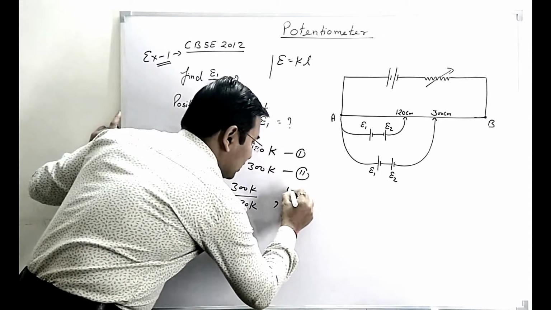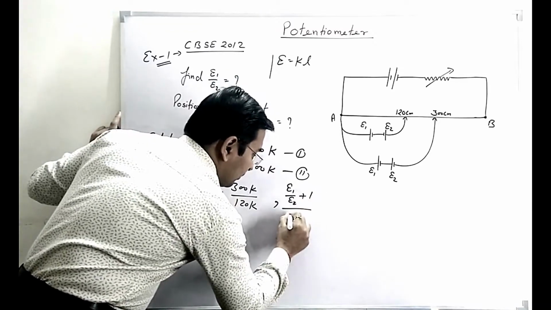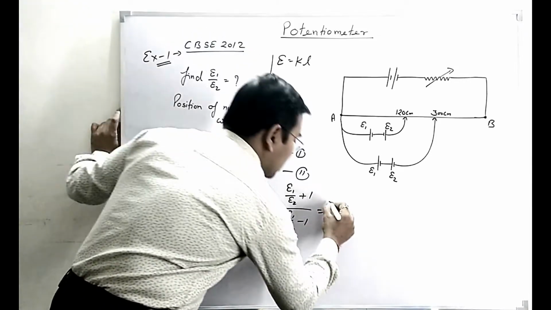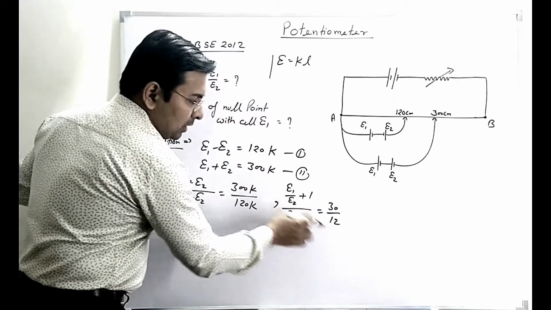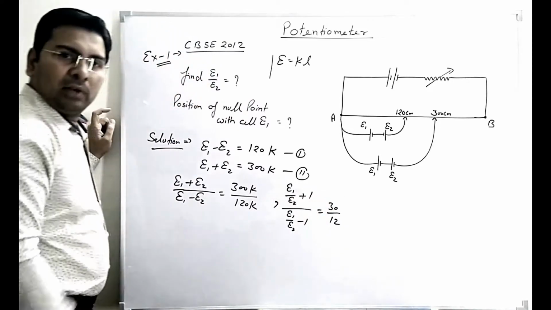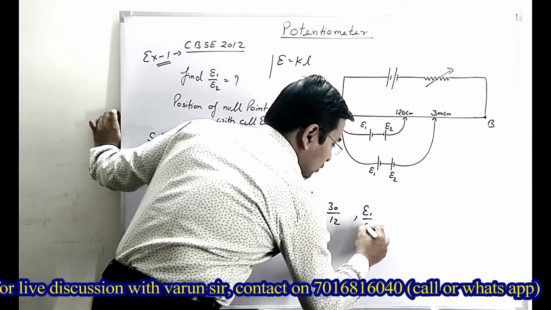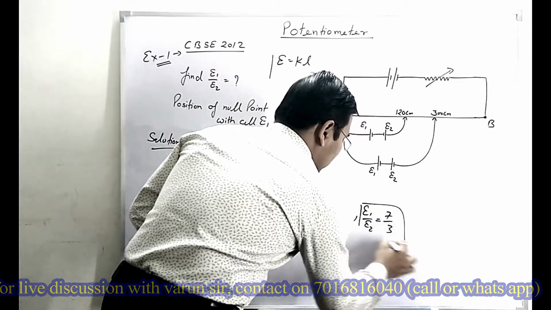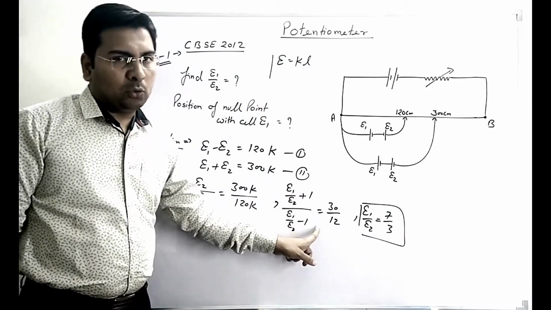So this will be E1 upon E2 plus 1 upon E1 upon E2 minus 1, and this will be 30 upon 12. After doing cross multiplication we can solve it, and after solution the answer will be 7 upon 3. It becomes a very simple mathematical calculation you can do.